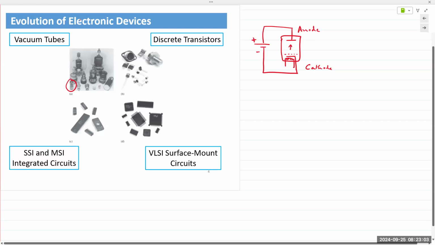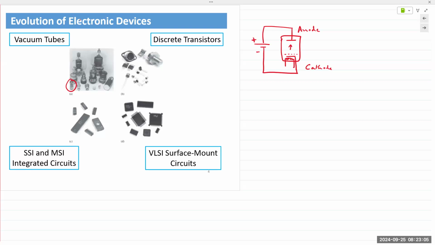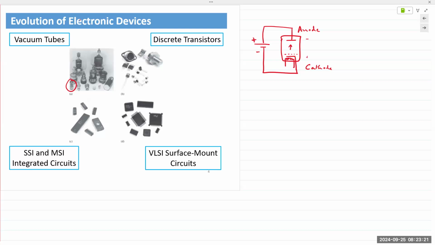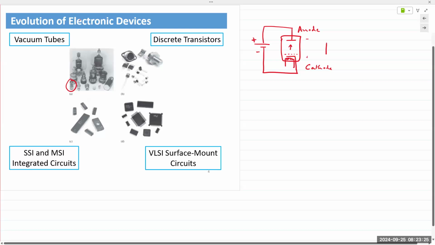And you have electrons flowing through that tube and through that circuit in one direction. Make sense? If you reversed it, with the negative end here and positive here, there would be no more current flow. So it was a one-way device, which could be used for rectification. Electron flow was in one direction.